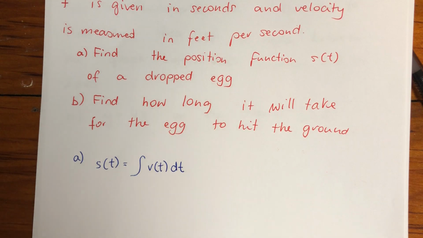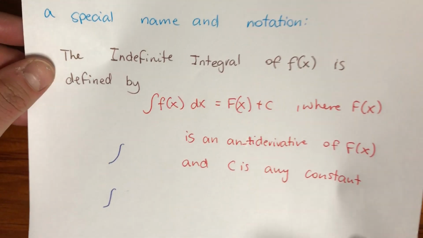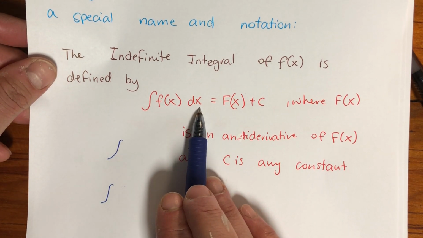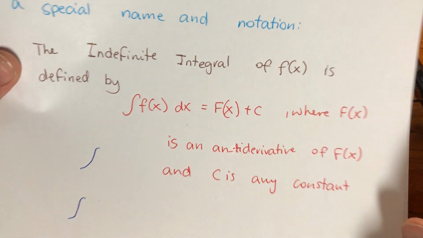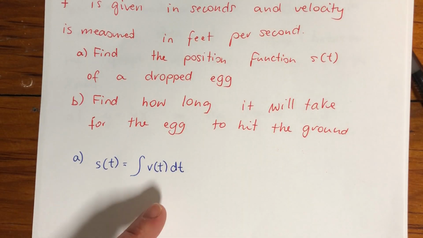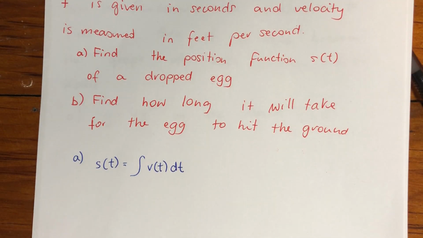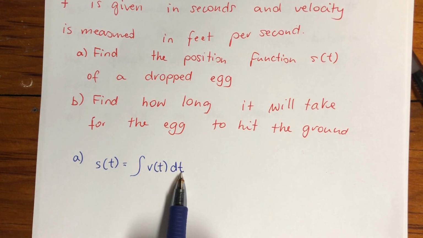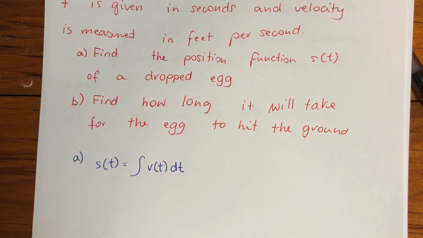I did not mention this before: this was f of x, dx, that's important notation. Here my function is in terms of time, so dt. Whatever letter is your variable, you put d of that letter. All right, so that's the first thing.